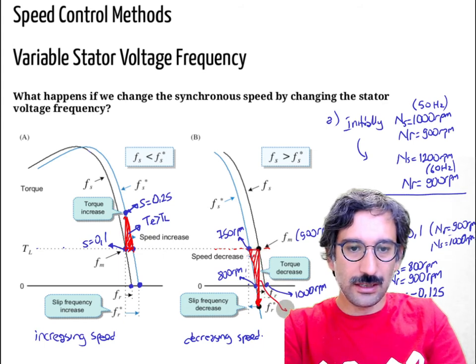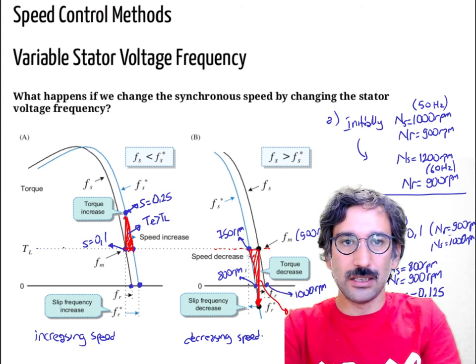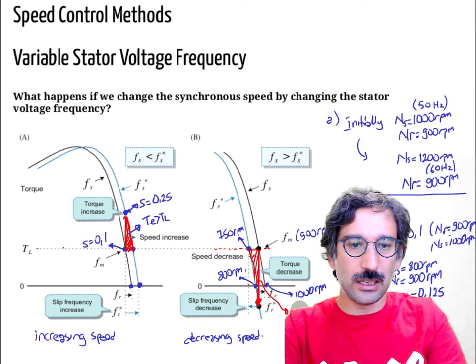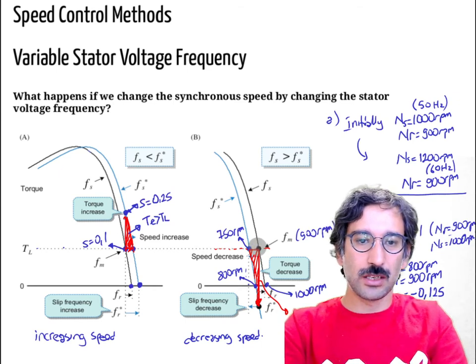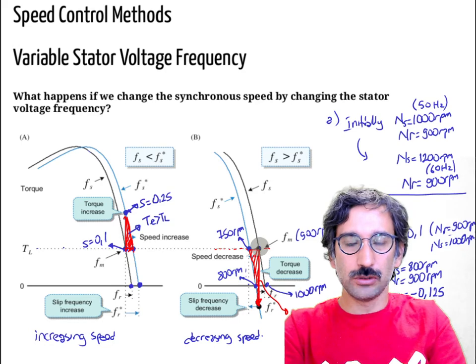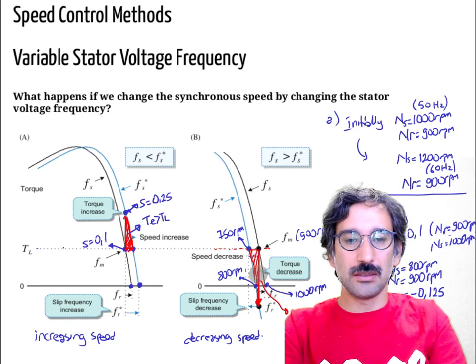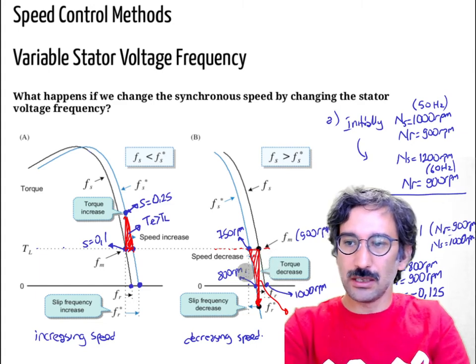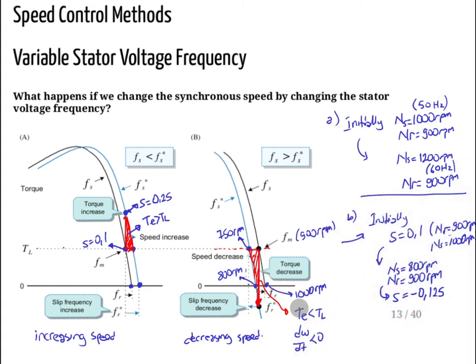In that area, TE is less than TL, so d omega over dt will be negative. So if you were running in motoring mode, you change the applied frequency of the motor, and your motor now gets into the generating mode, so it just reduces its speed.